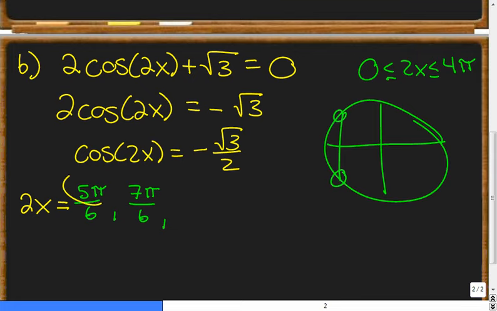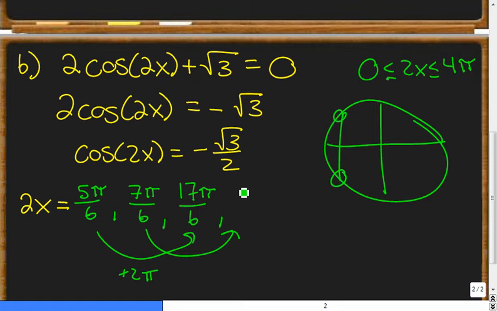So I can add 12 pi to the top of each and get what I want. So my expanded extra answers by adding 2 pi are going to be 17 pi over 6, and then I'm also going to get 19 pi over 6. That's adding 2 pi to each, so that gives me more and more options.